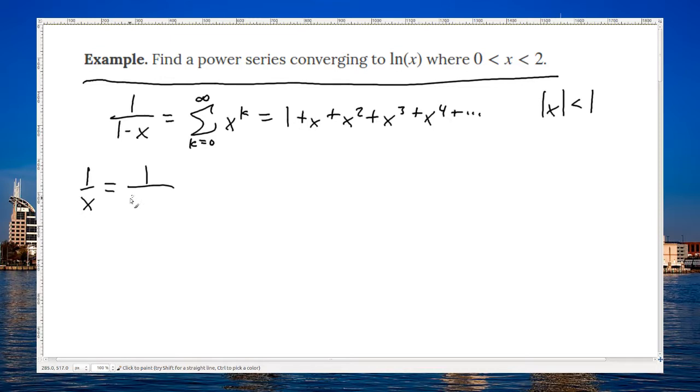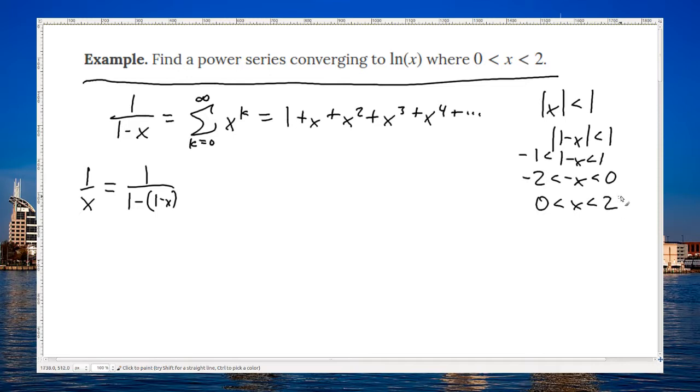And how it gets manipulated is we get 1 over 1 minus (1 minus x). Notice that the 1 minus 1 cancels, the negatives cancel to get us 1 over x like we're supposed to have. Notice that when you do this, your absolute value of x becomes absolute value of 1 minus x, and you can see really quickly you get the appropriate domain of convergence.